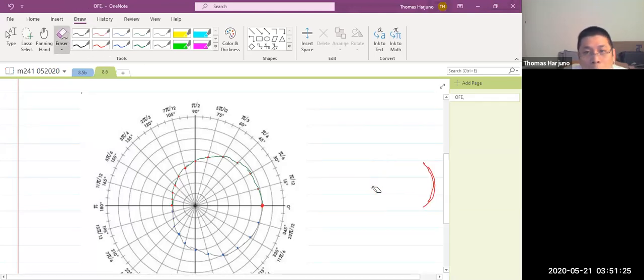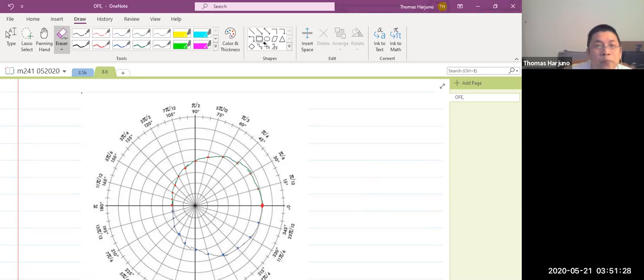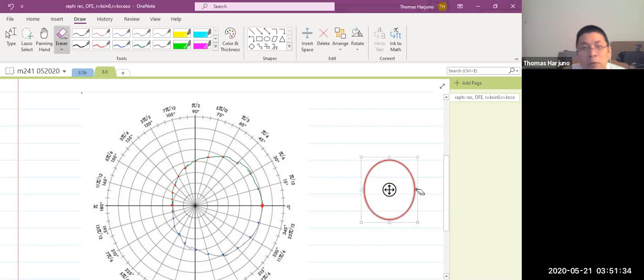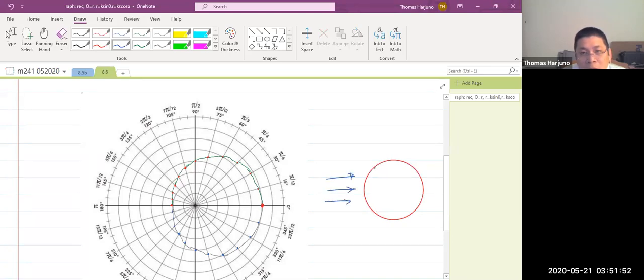Imagine if you throw a ball at very high speed, such that the air resistance pushes this way. It makes the front part of the ball a bit squeezed in, and the back part of the ball a bit squeezed out, like that. You see what I mean? You can imagine that's what it looks like.